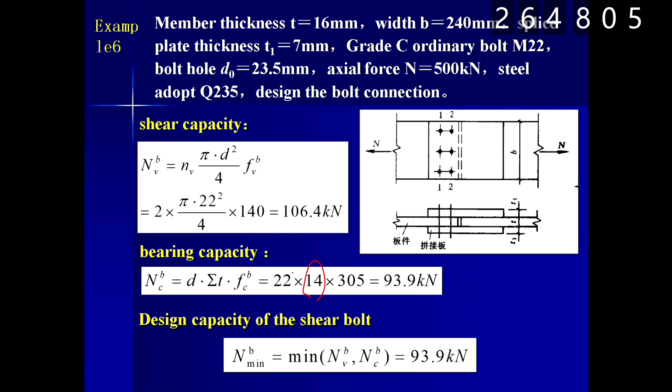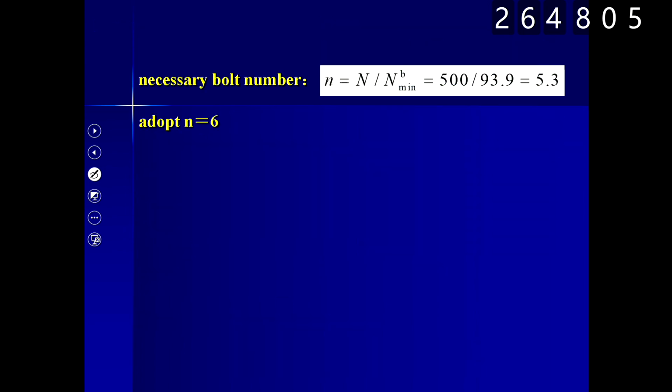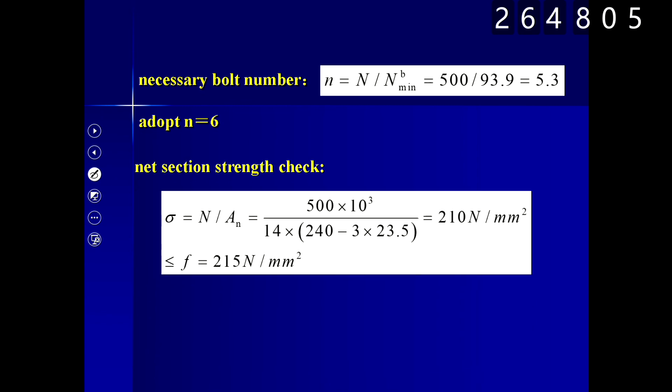Okay, so we get the minimum bolt value, now we can calculate the number of the bolts, right? Number of the bolts. And then we can check the strength of the plate.